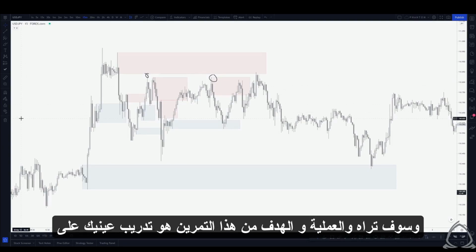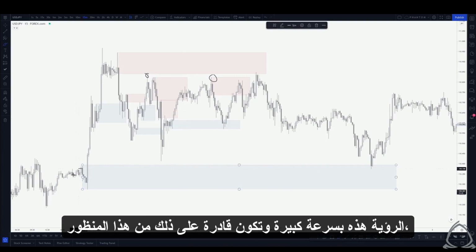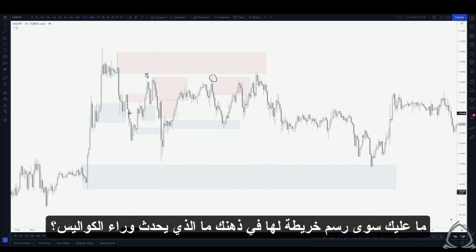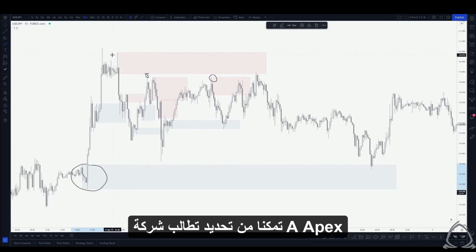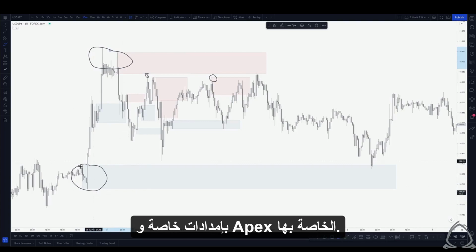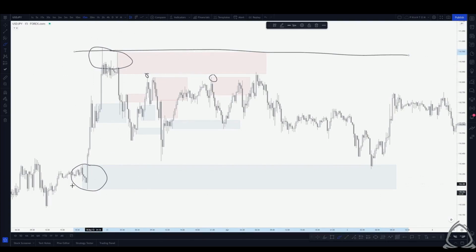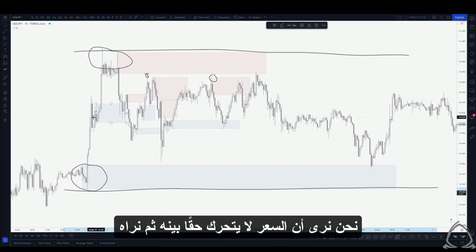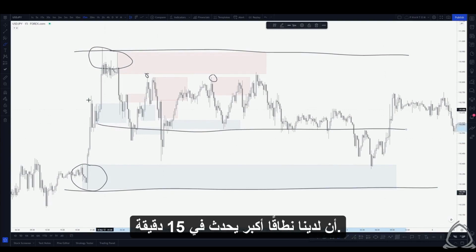The point of that exercise is to train your eyes to see these very quickly and map out in your mind what's happening behind the scenes. Because again, we've identified an apex demand zone and an apex supply zone. We're seeing that price isn't really moving between them, and then we have a larger range happening, say, on a 15-minute.